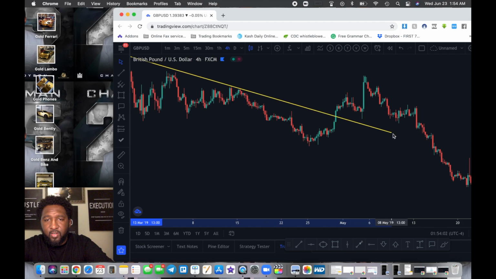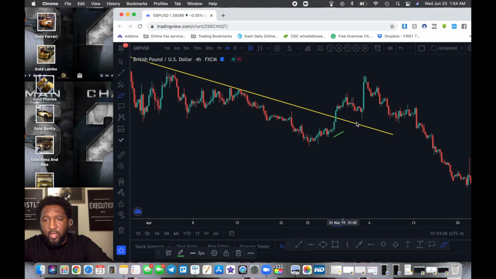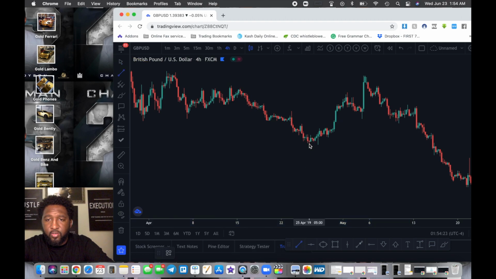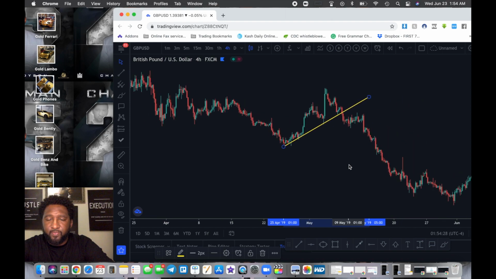And this was the only area right here where it possibly could have changed into an uptrend, where we would redraw a new trend line, where we would draw the new trend line, because now we believe, oh, market wants to go up.